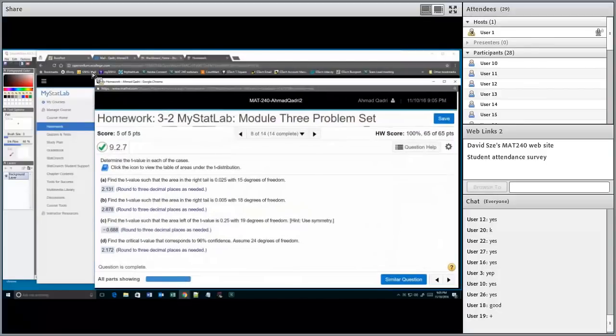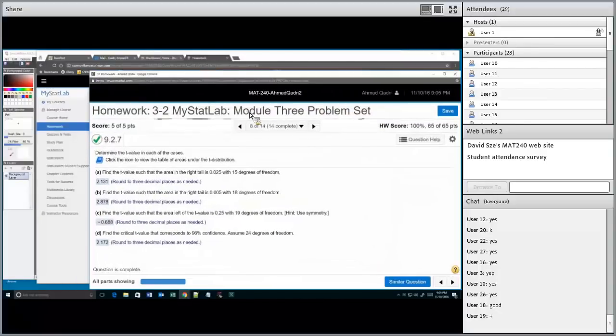We did problems up to problem 7 yesterday, right? So today we're going to get started with problem 8. Problem 8 involves what we call a t distribution. And just like the z distribution, it's pretty much like the z distribution. It has the same shape except it has heavier tails. You still have area under the curve.